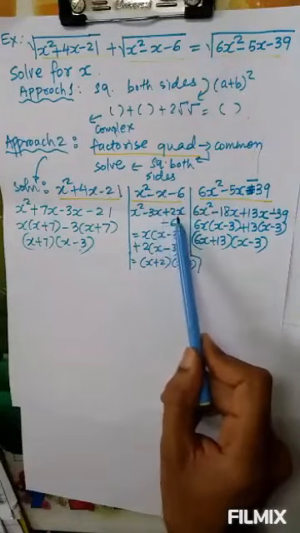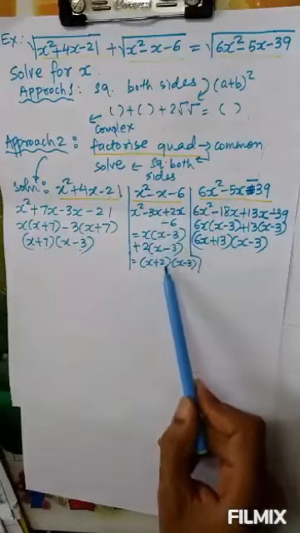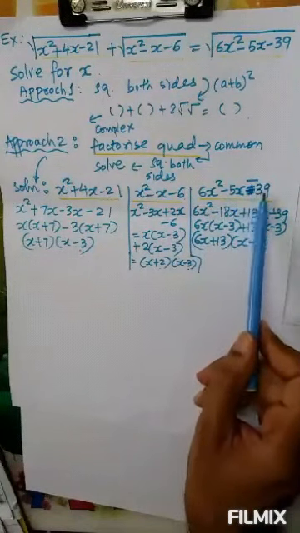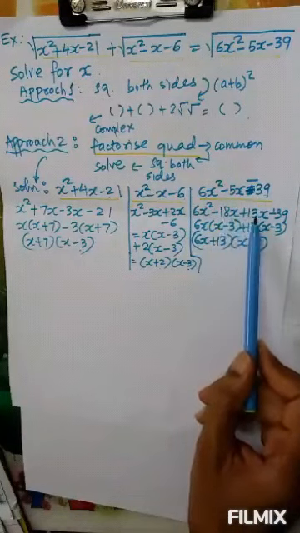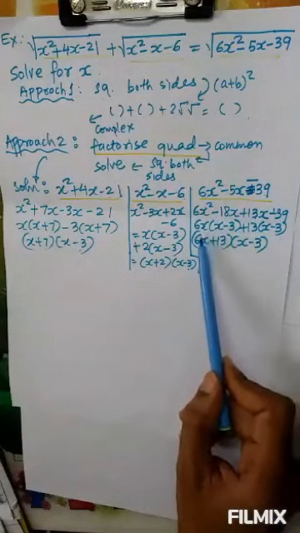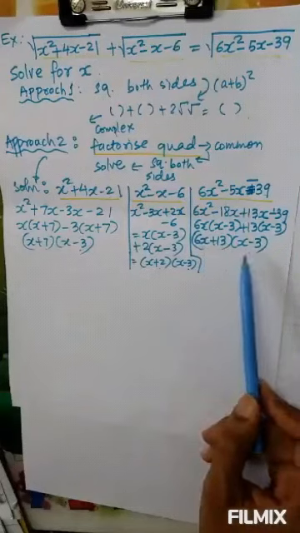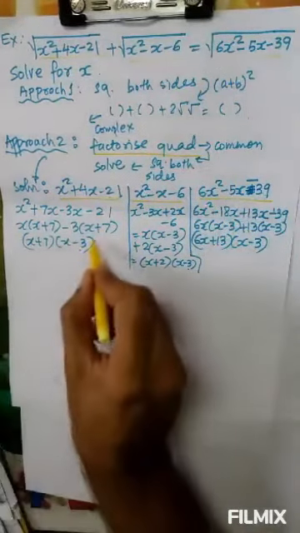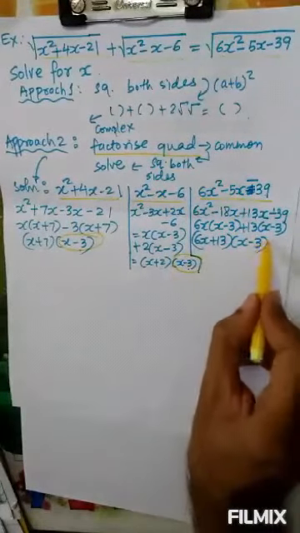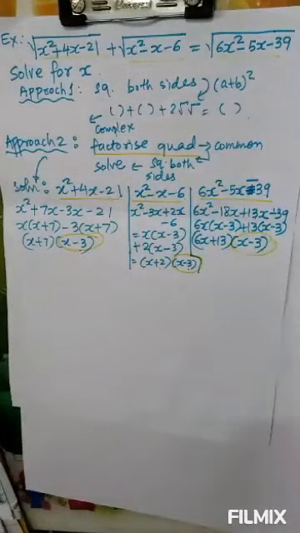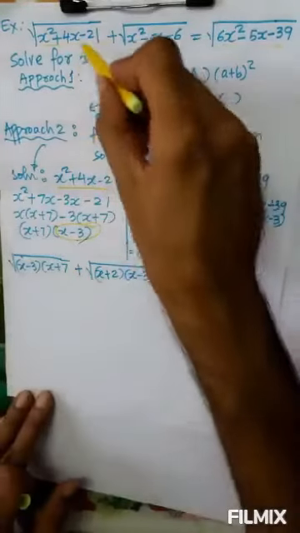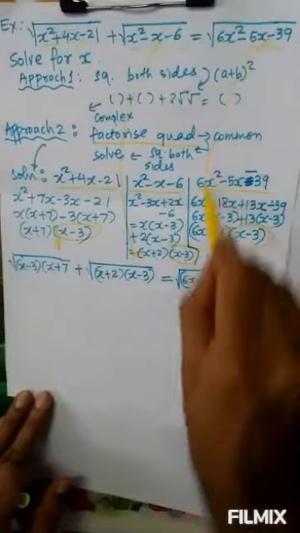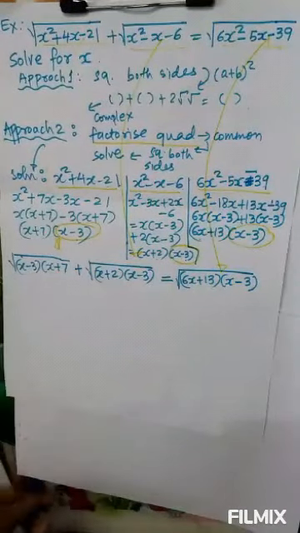Similarly, x square minus x minus 6, with minus 3 plus 2, gives x plus 2 into x minus 3. Similarly for minus 39 into 6, 18 into 3 factorization, it eventually gives us 6x plus 13 into x minus 3. As you can see here, x minus 3 is a factor which is common to all the quadratics.